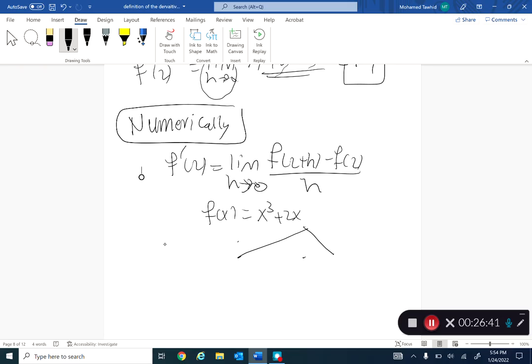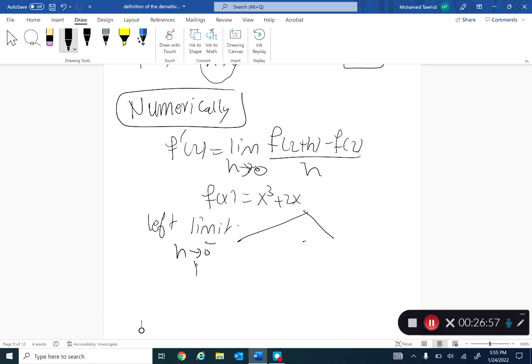Your left limit: take h close to 0 from the left, so you take h equal to negative 0.0001. H close to 0 from the right, that is your right limit, then you will have h equal to plus 0.0001. You have to do the left limit and you have to do the right limit.